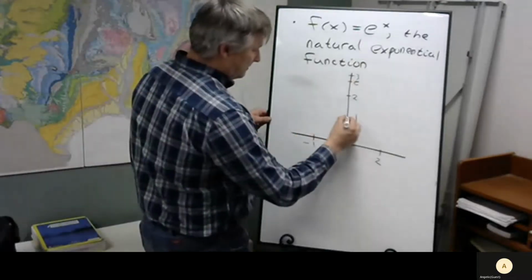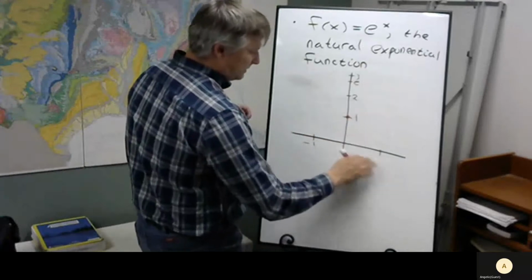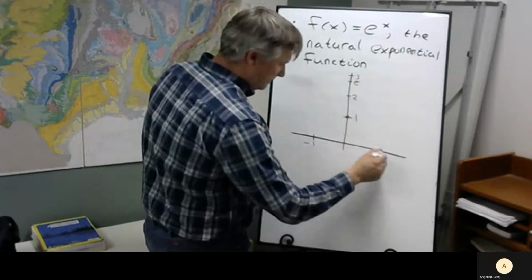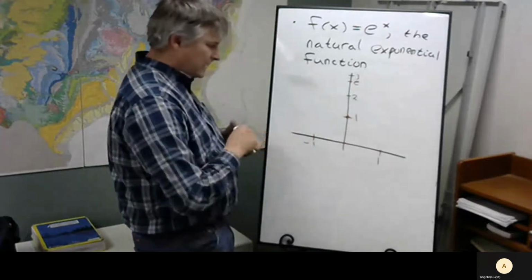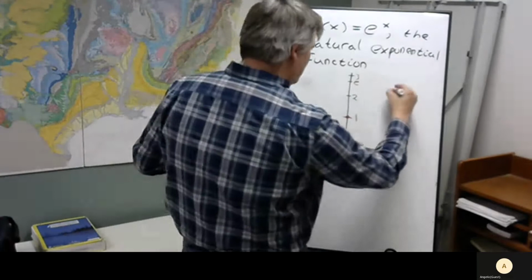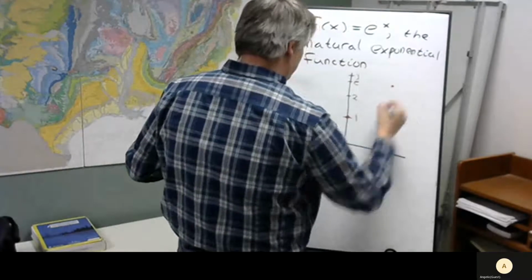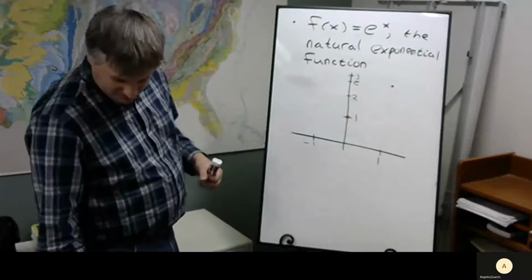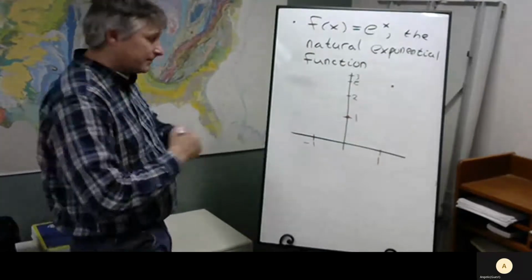So we're going to have here the point, again, always on 0, 1. Now, e to the 1 is just e. And then for negative 1, I'll do this properly.